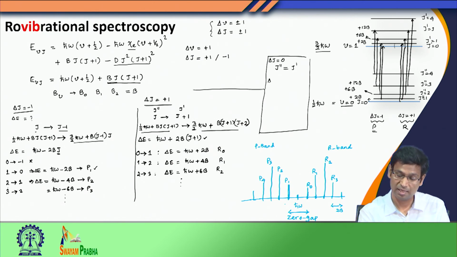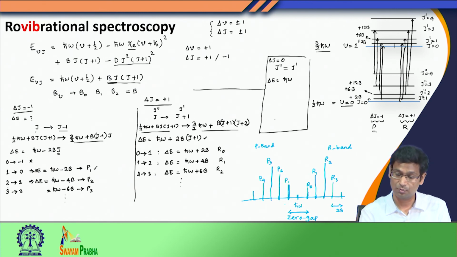Therefore, delta E would always be h bar omega, no matter what the initial value of j is. So, from j double prime 0 to j prime 0, or j double prime 1 to j prime 1, they will appear at h bar omega.